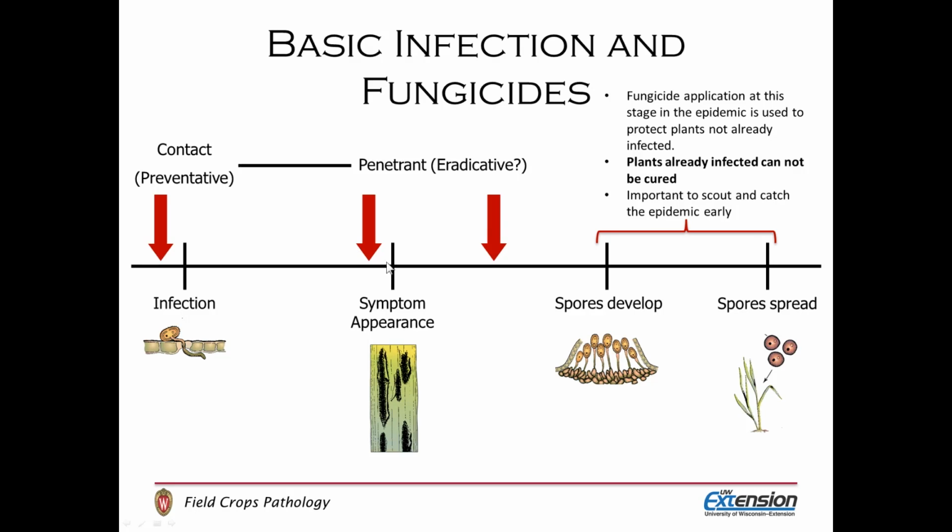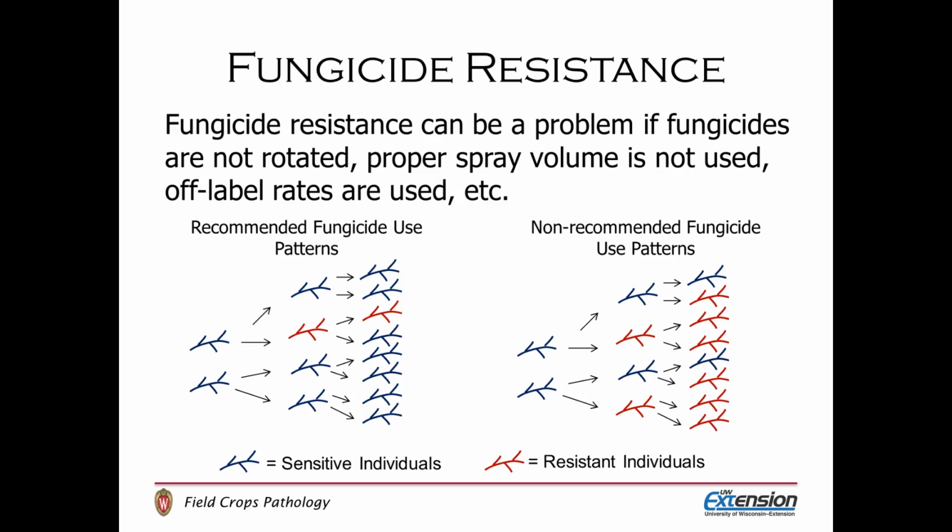So our window of opportunity for fungicide application is really pretty narrow, and we have to do quite a bit of scouting and keeping track of where we are in that disease progress. It's best to catch the epidemics early on to get the best control when we're trying to use fungicides in our plant disease management program.